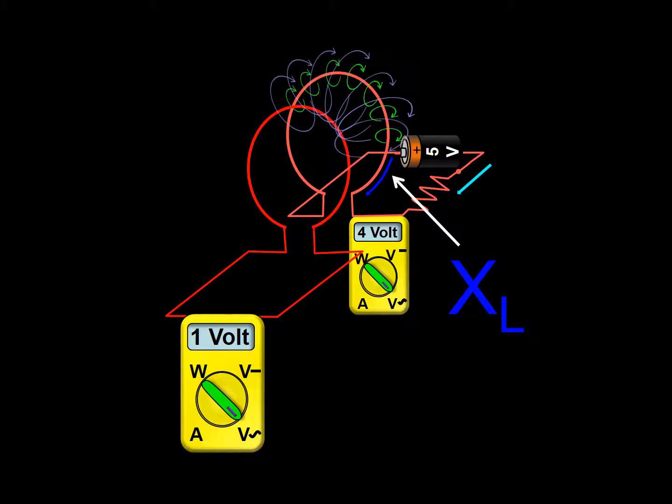The dark curved blue arrow represents inductive reactance. The formula for inductive reactance is voltage divided by current. This formula expresses that inductive reactance is directly related to voltage and inversely related to current.